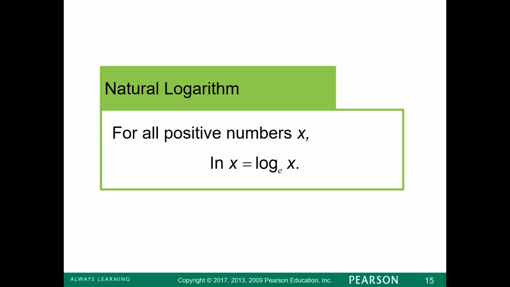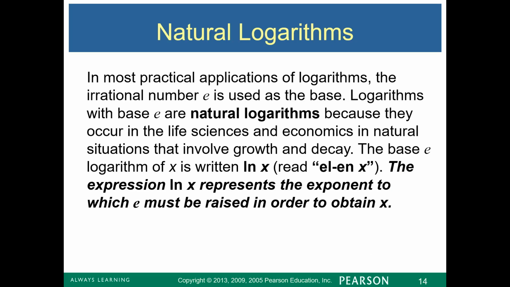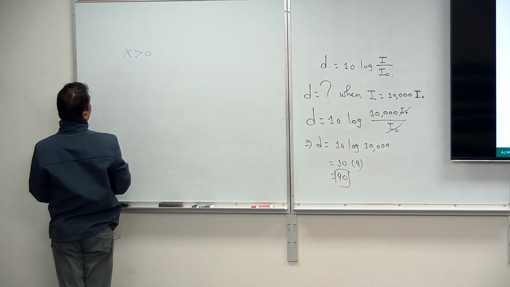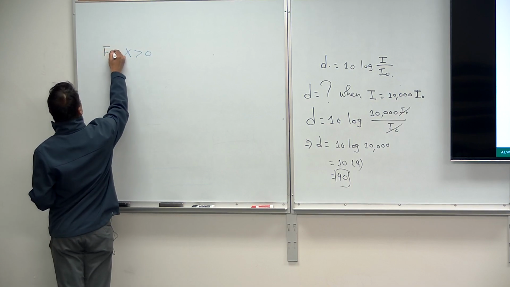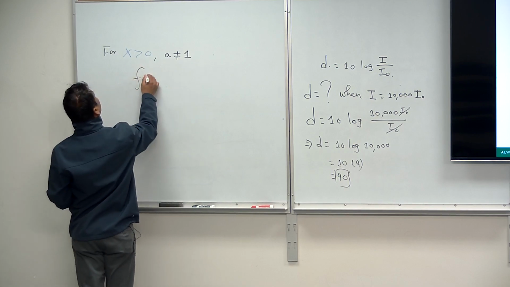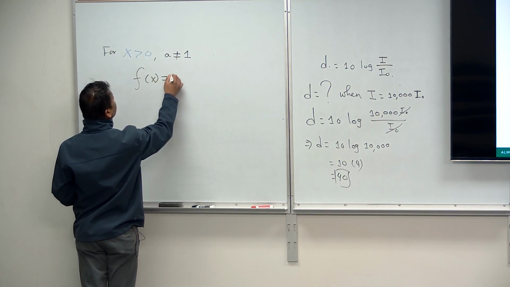So the next one is the natural logarithm, and we write that as ln x, natural logarithm, okay? Look here: for x positive and a not equal to 1, your logarithmic function is this.